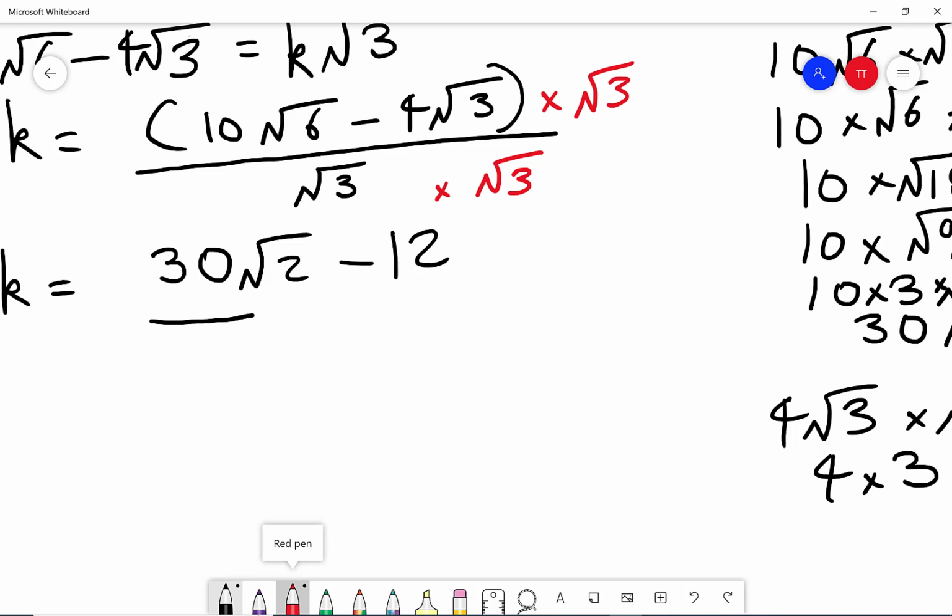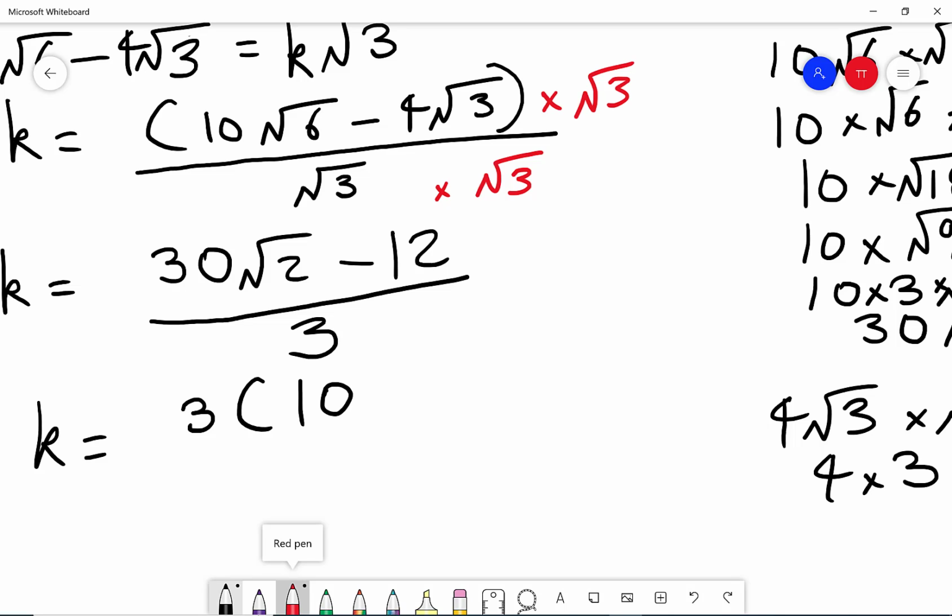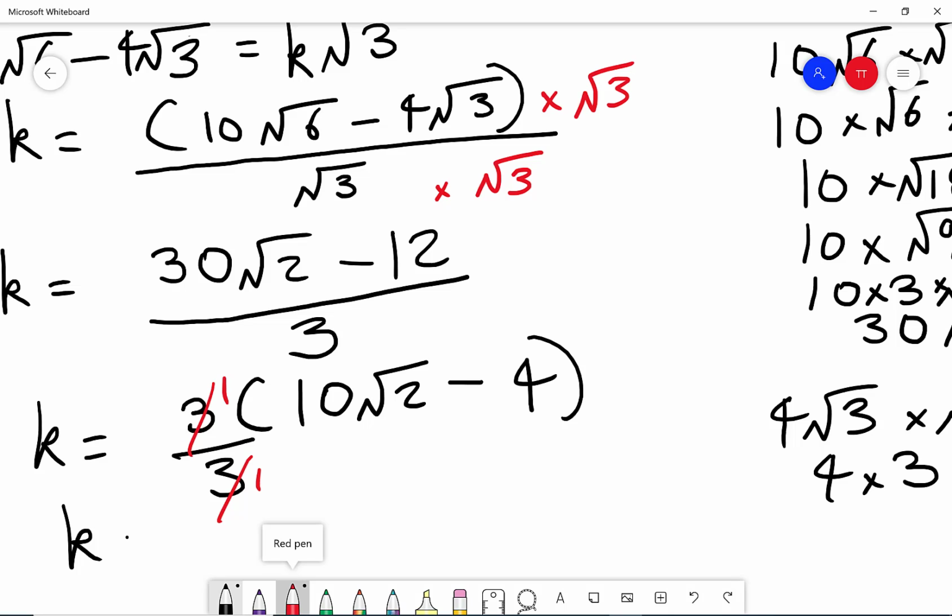Now don't forget the denominator, √3 times √3 is simply 3. So for k, we can take 3 out as a common factor, so we end up with 10√2 minus 4, and we're going to divide all of that by 3. So we can cancel the 3s out, leaving a 1 and a 1. And I end up with my final solution, which is 10√2 minus 4.